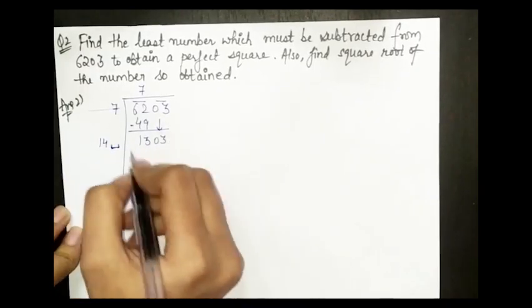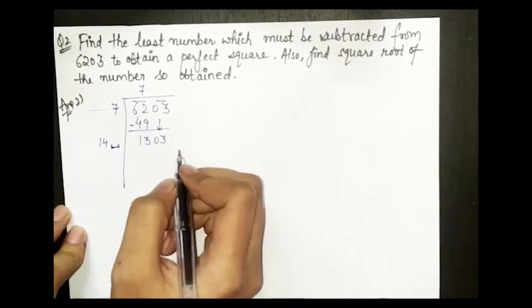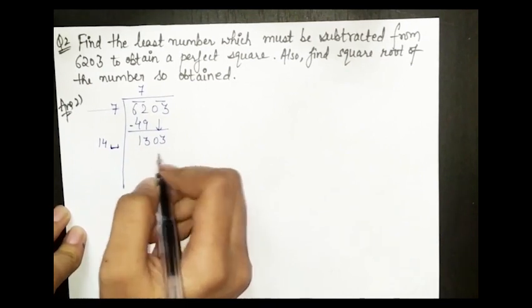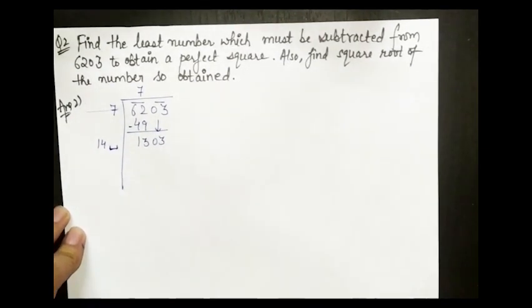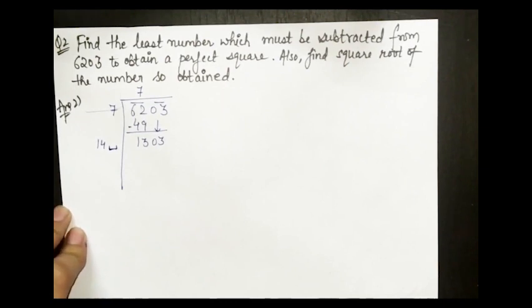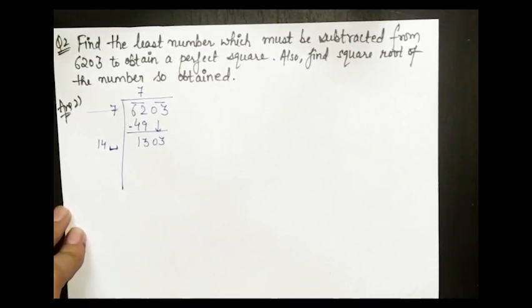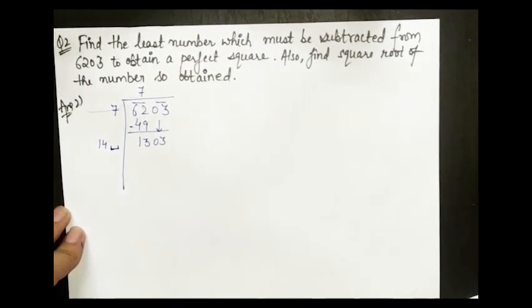So 14. Now we want one number so that this will be divisible by this or smaller than this. So what will be that number? We have to find that. First you can see that here it is an odd number. So let me take one example.